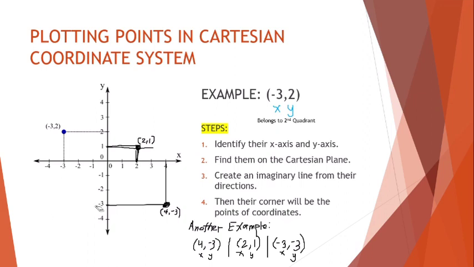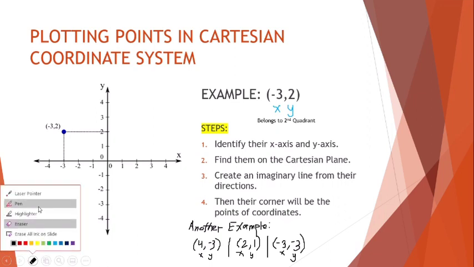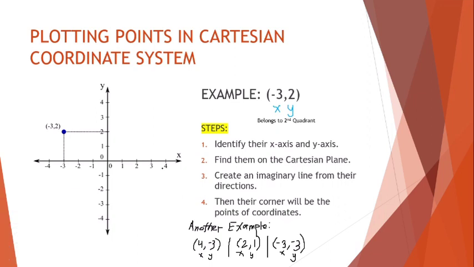If you are going to find them without using an imaginary line, halimbawa ito. Yung 4 and negative 3, oh, simply lagay nyo lang dito. Ito na yun, di ba? Yung 2 and 1, oh, kung bihasa na kayo. Pero kung hindi pa, gamitin na ito. Imaginary line.